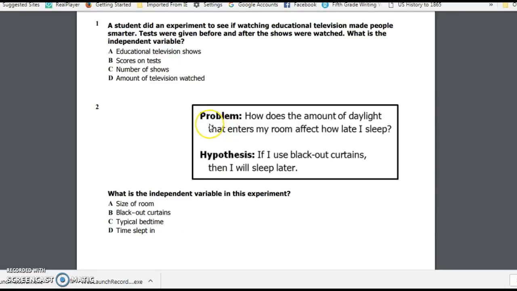Look at our box in number 2. We have a problem. Here's our problem. How does the amount of daylight that enters my room affect how late I sleep? Here's our hypothesis. If I use blackout curtains, then I will sleep later. Here's our question. What is the independent variable in this experiment?